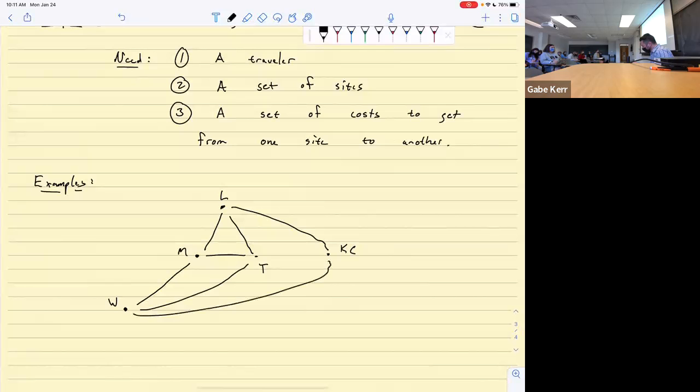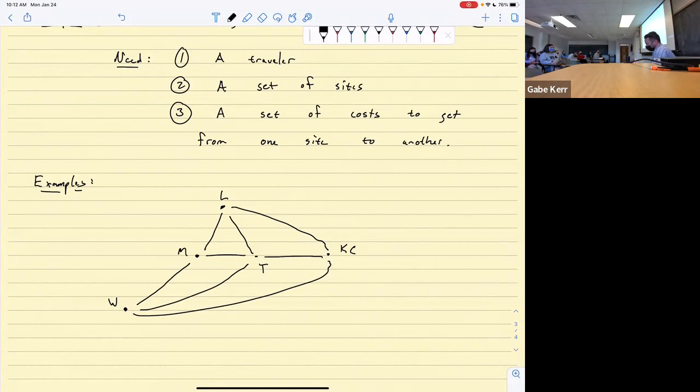Draw a graph. This is not a complete graph, meaning there are some vertices that may not be connected, like Kansas City to Manhattan. Maybe I don't connect that because I have to go through Topeka, say. You could do a plane route or something like that. So I draw a graph between all the cities, and this graph doesn't necessarily indicate a road. It could be I'm flying, whatever.